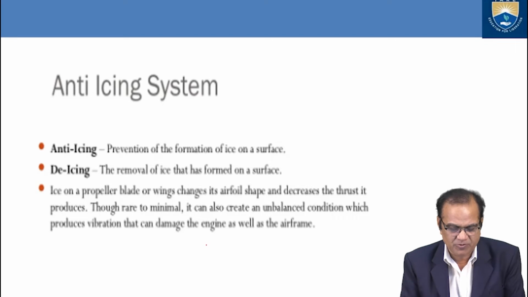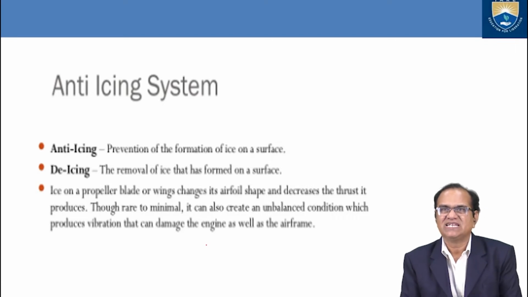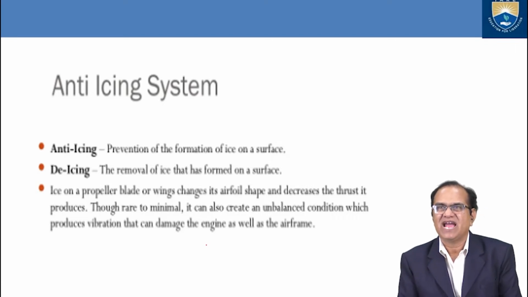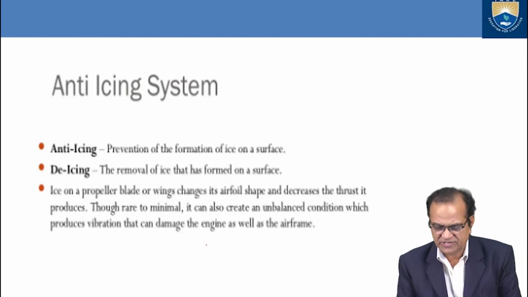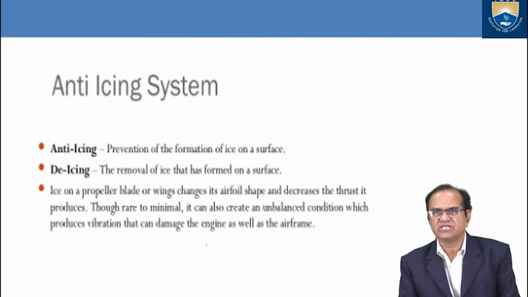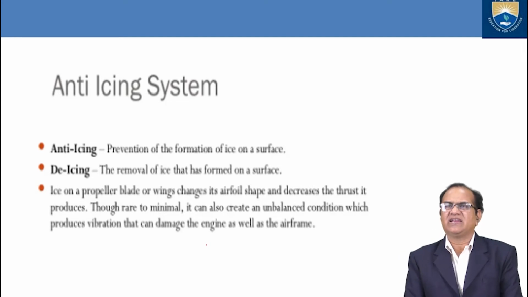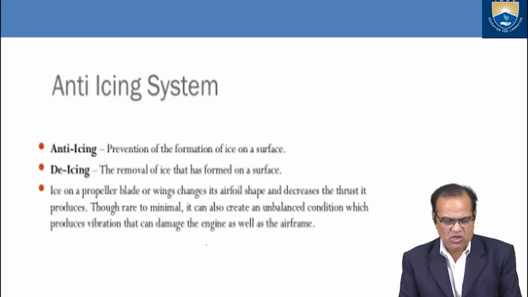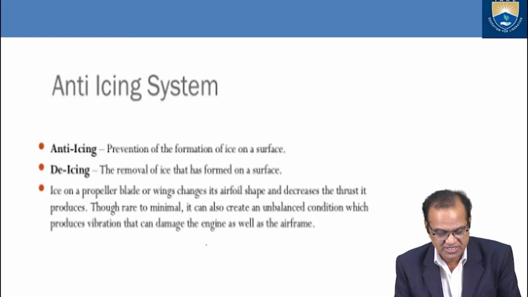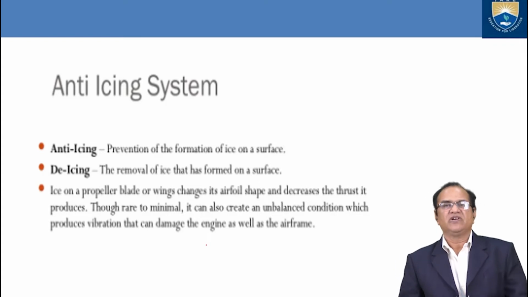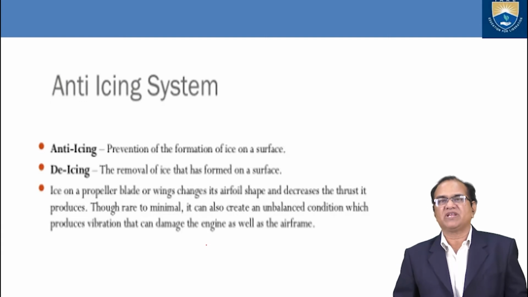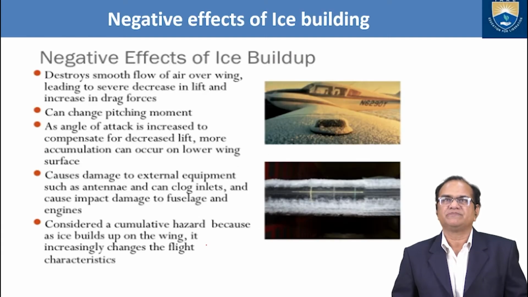Ice on the propeller blade or wings changes its airfoil shape and decreases the thrust it produces. Though rare to minimal, it can also create an unbalanced condition which produces a vibration that can damage the engine as well as the airframe. So if the weight is not balanced properly, a vibration can take place and your aircraft may have some problems.